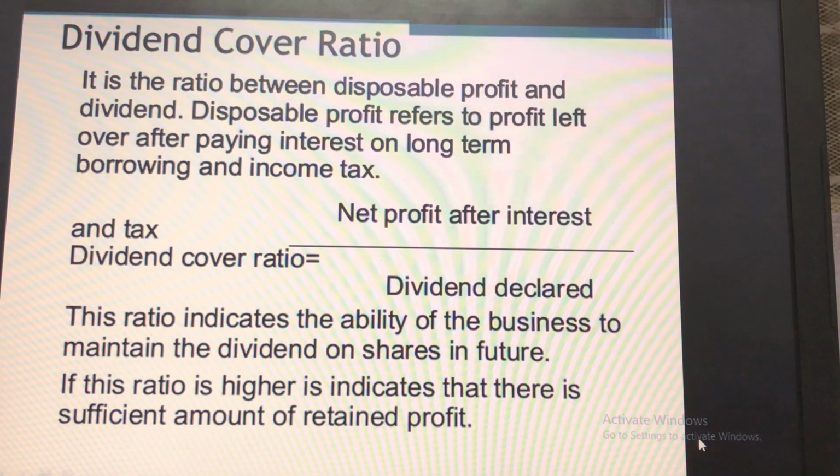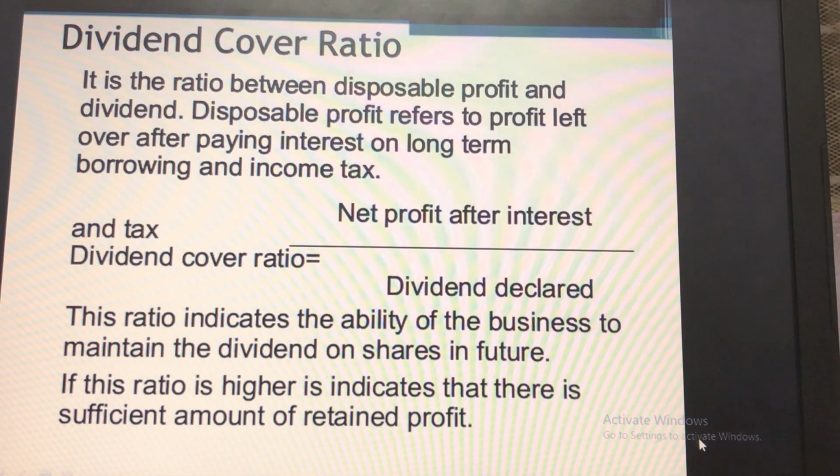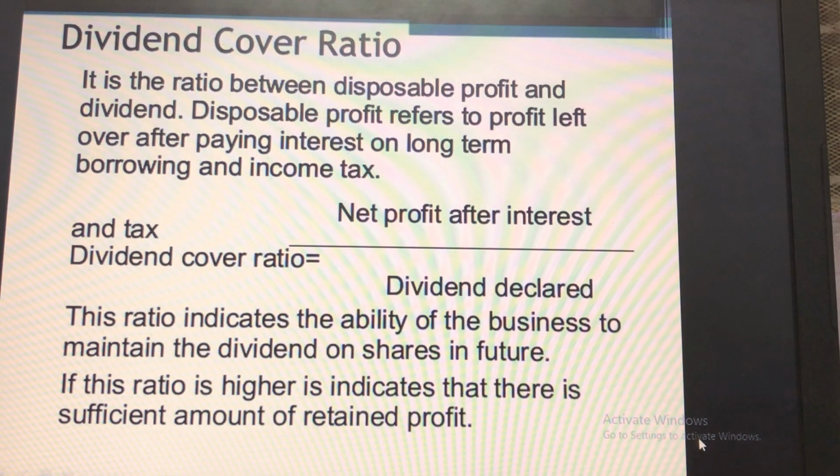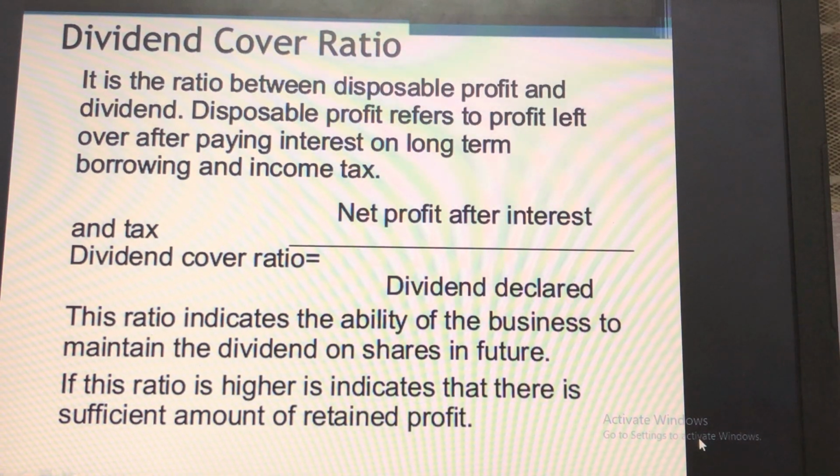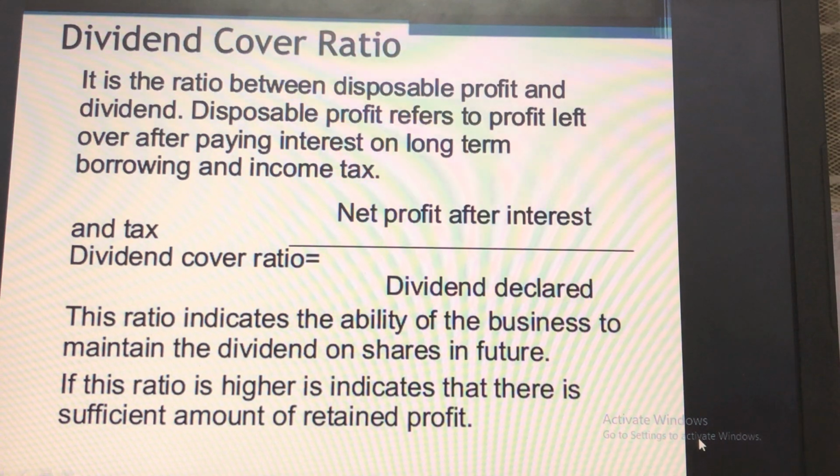So, the dividend cover ratio formula, dividend cover ratio is equal to net profit after interest and tax divided by dividend declared. This ratio indicates the ability of the business to maintain the dividend on shares in future. If this ratio is higher, it indicates that there is sufficient amount of retained profit.